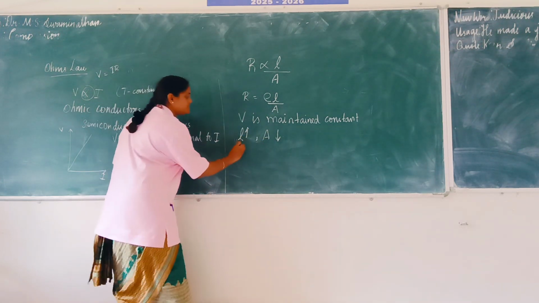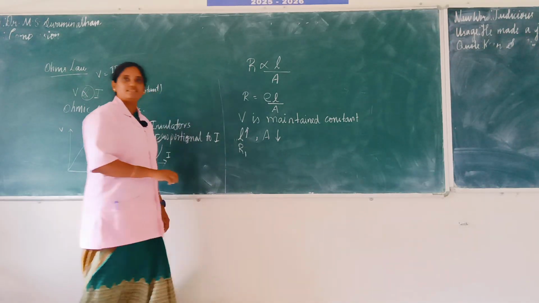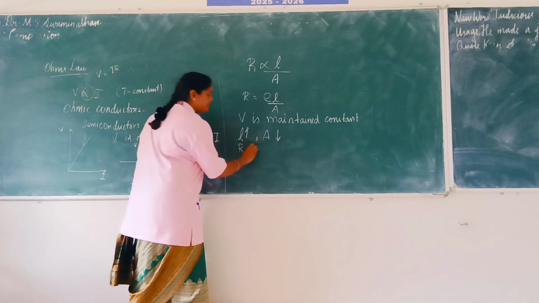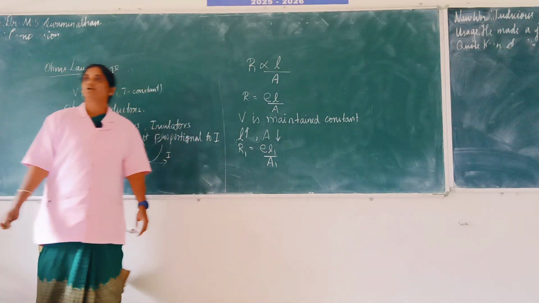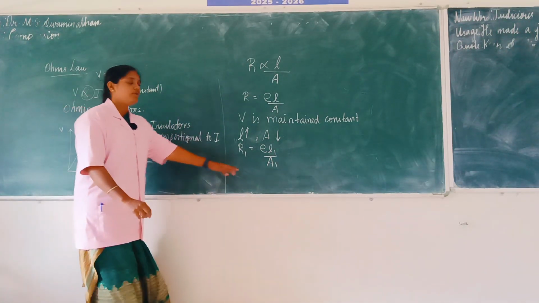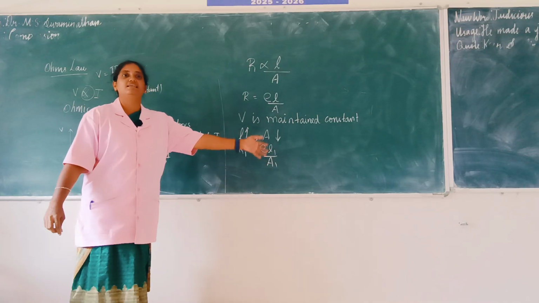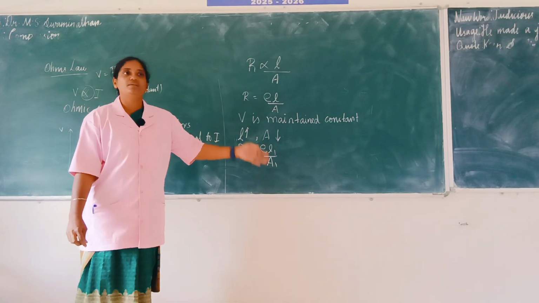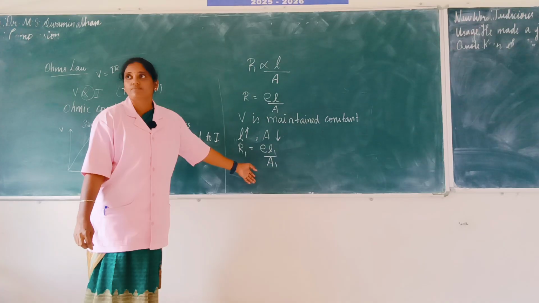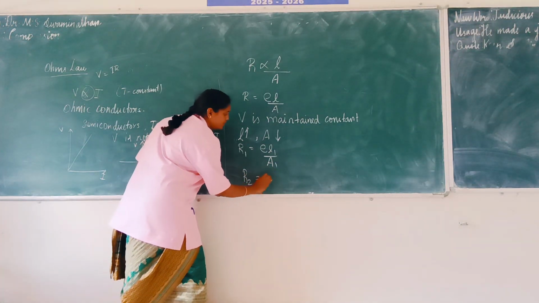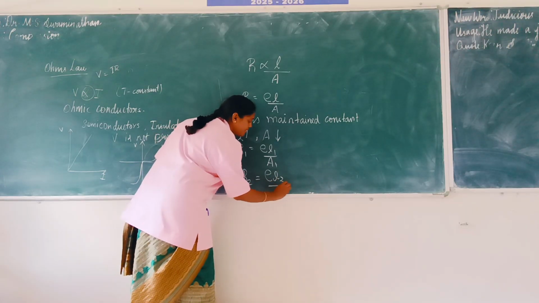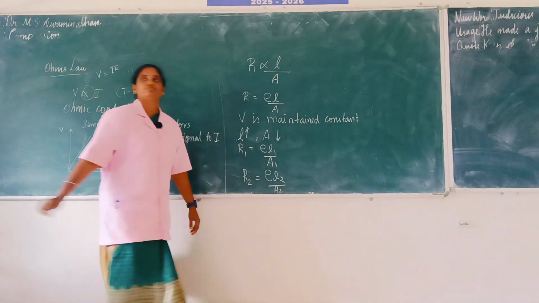Initially R1 is the resistance of that material, rho L1 by A1, isn't it? Now I have stretched it and it has increased to length L2. Will the resistance change? Exactly, it will change. R2 is equal to rho L2 divided by A2.